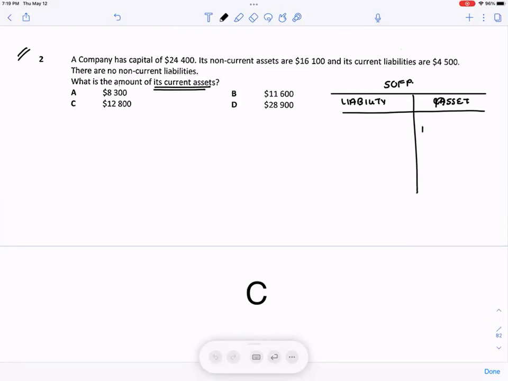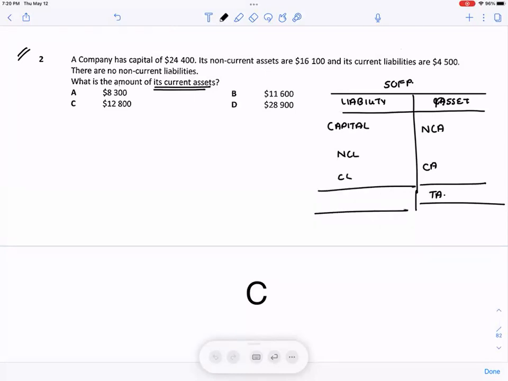Non-current asset and current asset. Non-current asset plus current asset will give you what? Total asset. Liability side is made up of what? Finance by capital, then non-current liability and current liability, which will give me total liability.